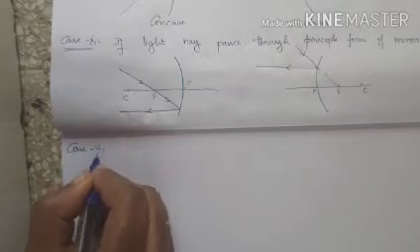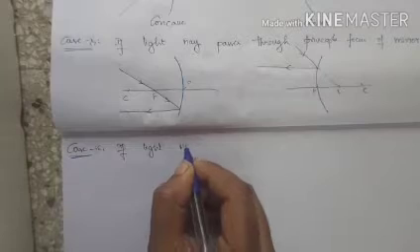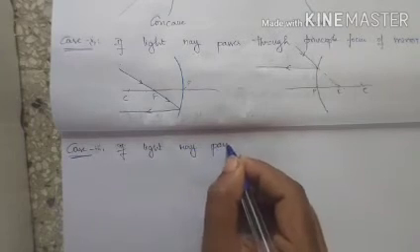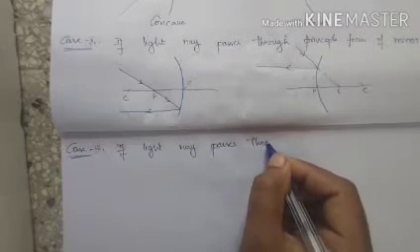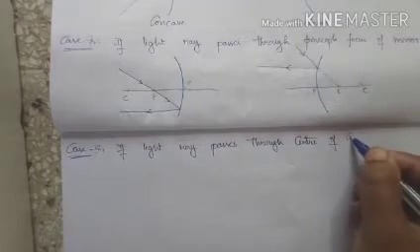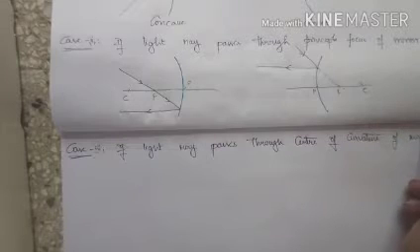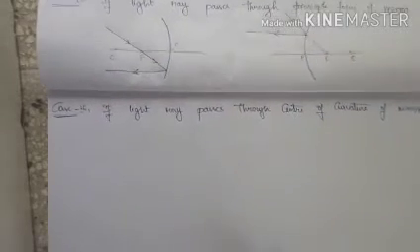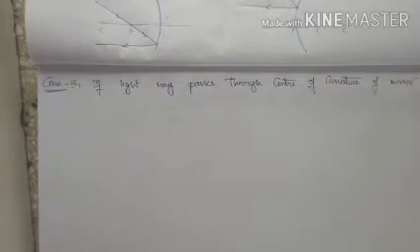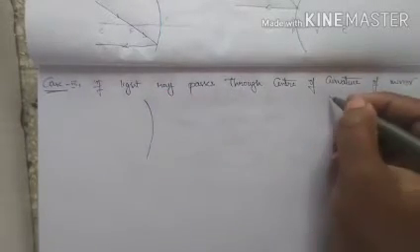Case 3. If a light ray passes through the center of curvature of the mirror, then what happens to the reflected ray? So here let me just draw it. Concave, convex.